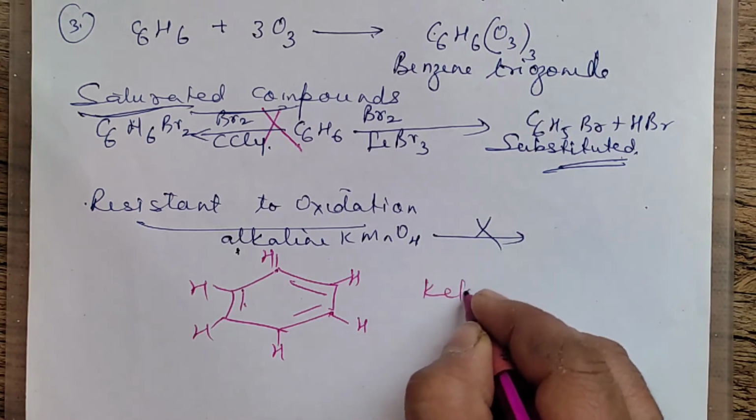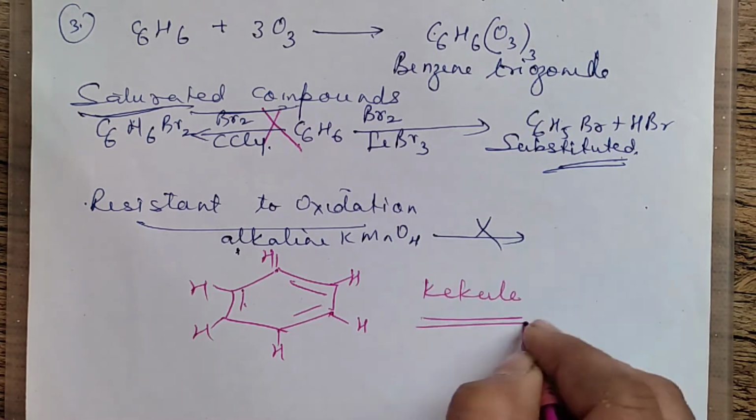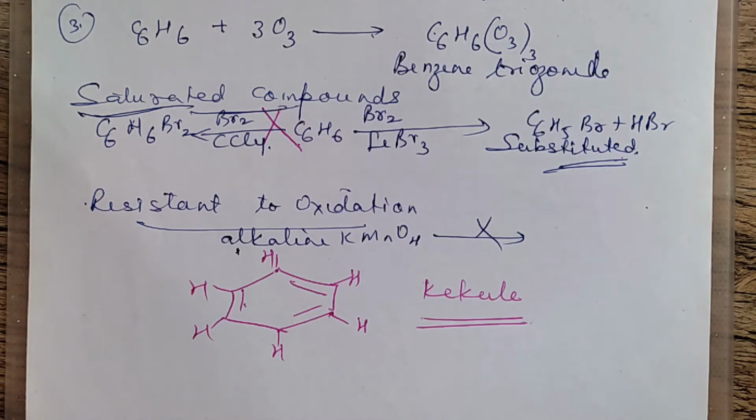This is referred to as the Kekule structure of benzene. Though Dewar structure, Claus structure, and Baeyer structures were given, this is the final structure which was proposed by Kekule.